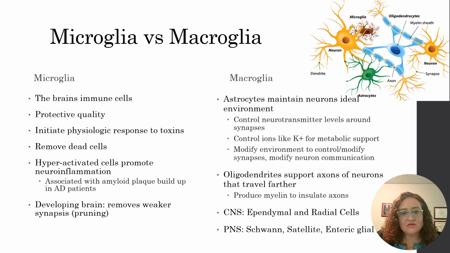So microglia's main role is to support the macroglia, protect the environment of the brain and help maintain homeostasis. But in the presence of a glioblastoma, those astrocytes recruit the microglia to change their phenotype and start manipulating the environment for tumor support.